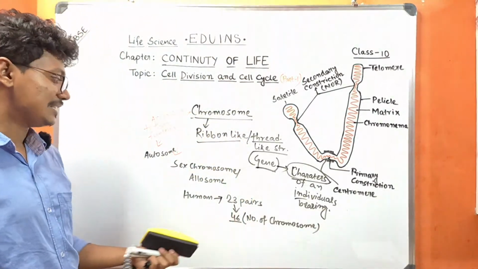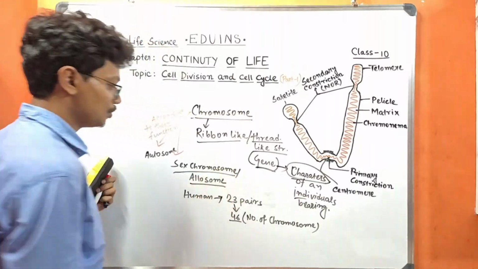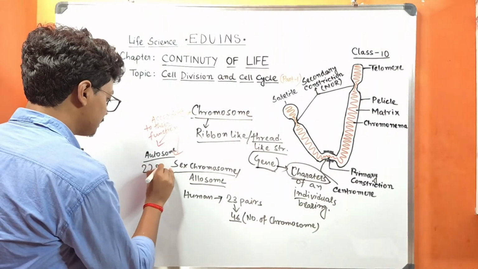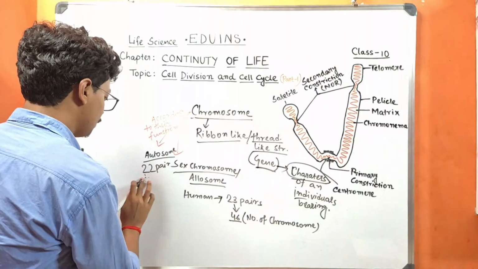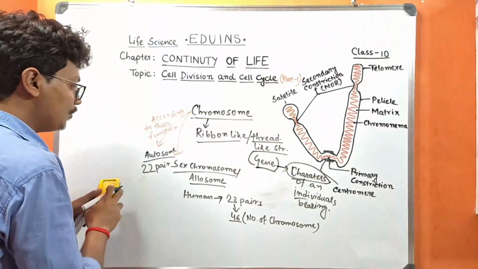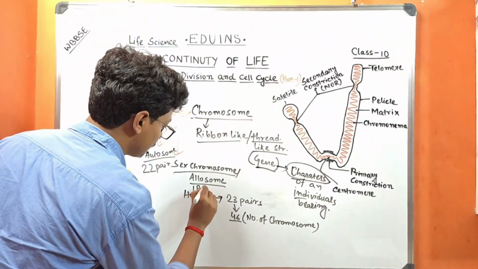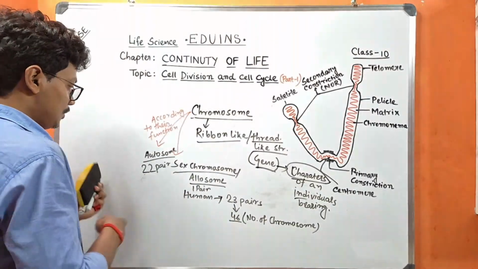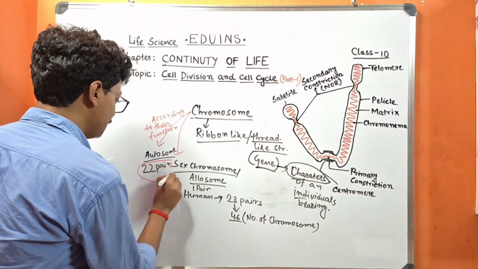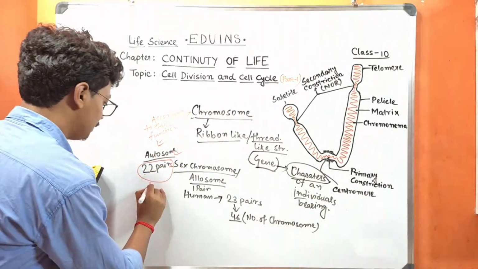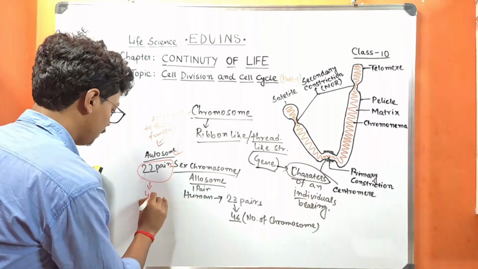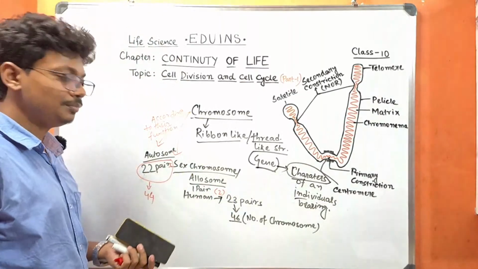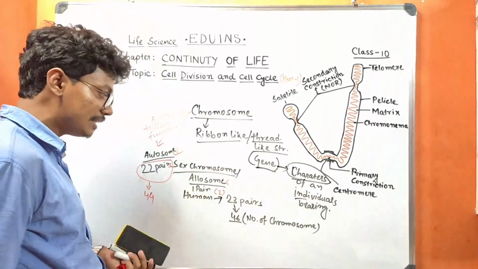But in terms of autosomes and allosomes, there are 22 pairs of autosomes, that is 44, and only one pair of sex chromosomes or allosomes is present, that is 2 allosomes in the human body.